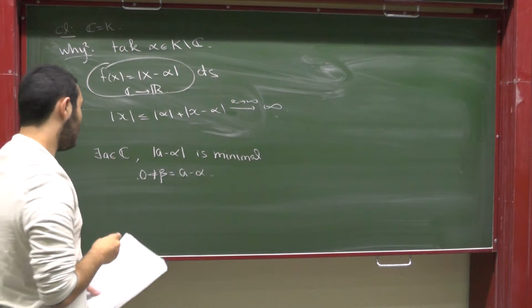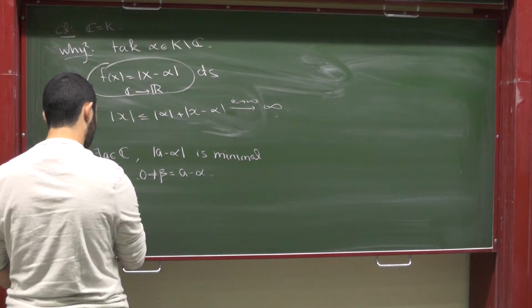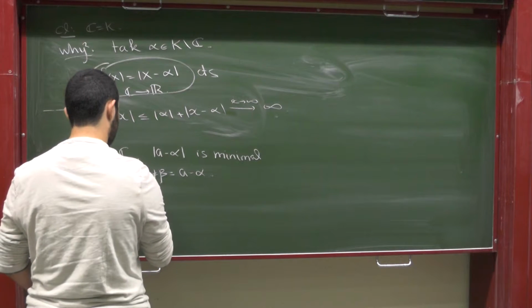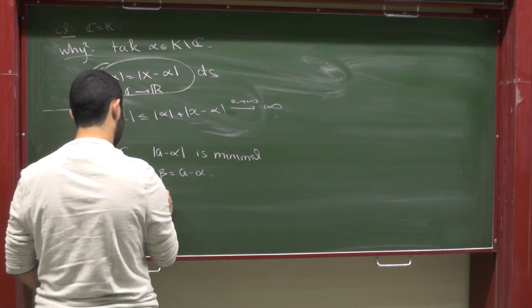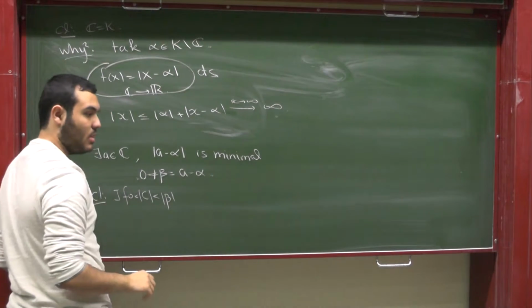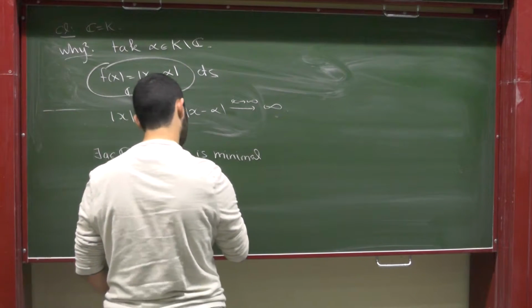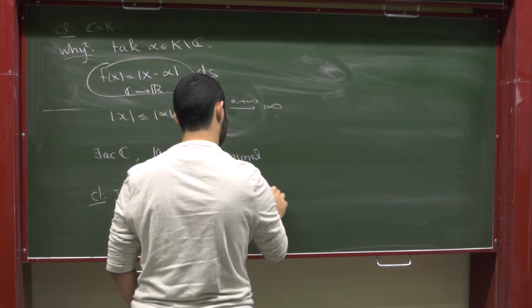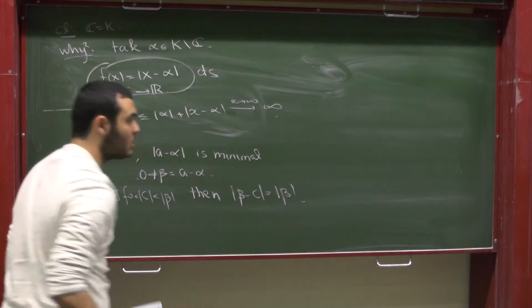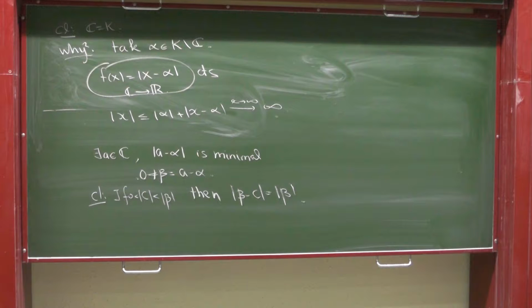So what we're going to show is a very weird claim: if c somehow is smaller than beta, then this happens. This is very weird, I agree.